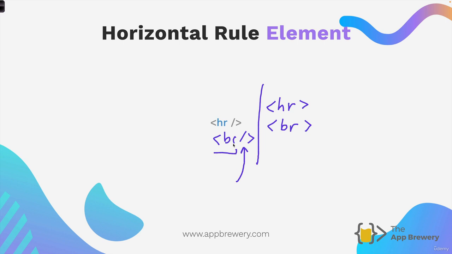But I recommend to write your code with this end / and the reason is because when you read your code, you as the human, it'll be much easier for you to see that this is a void element and it doesn't need a closing tag, so that you don't end up being confused and you can identify the void elements and the non-void elements easily and distinguish them from each other.